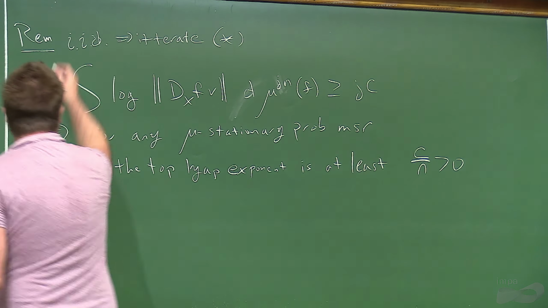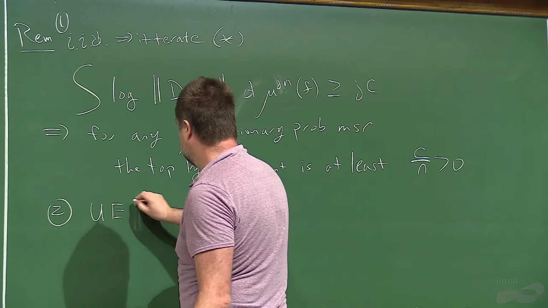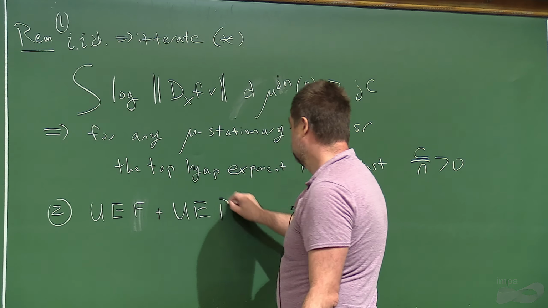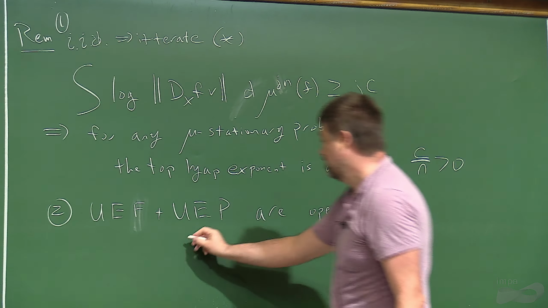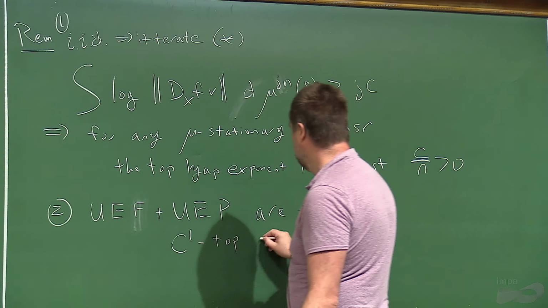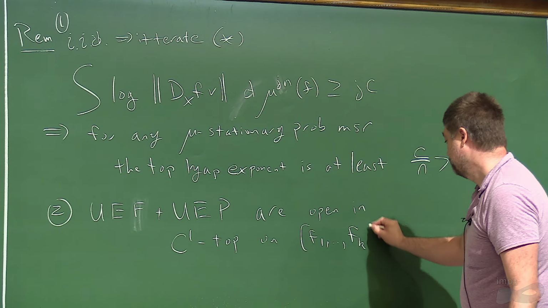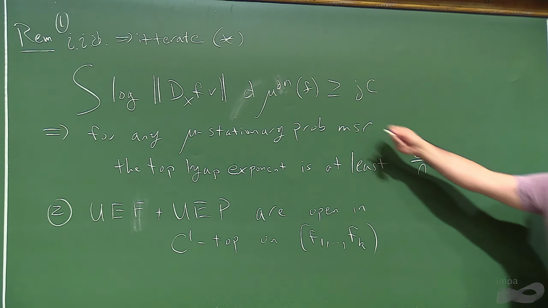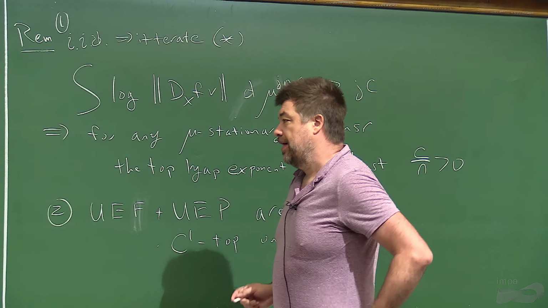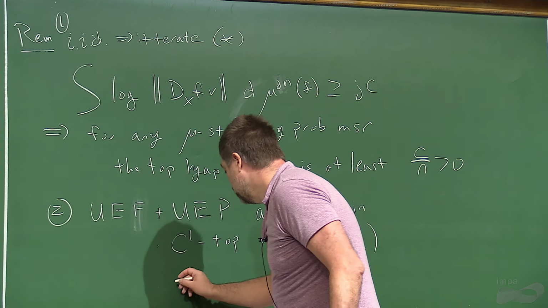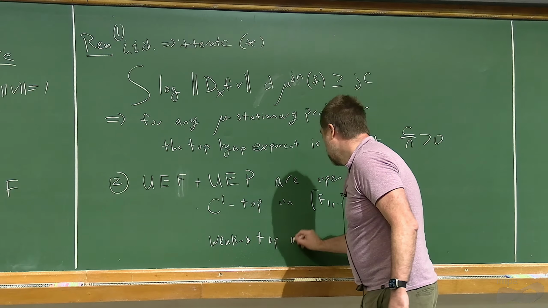And the other remark is that these two properties, I already said this last time, but I'll say it again, are open in the C1 topology on the generators. So perturb the generators a little bit. You're not going to change that integral very much, and so it's still going to be positive. And also on the measure, so it's also open in the weak star topology on the driving measure.